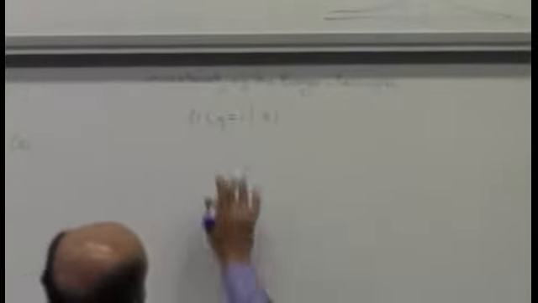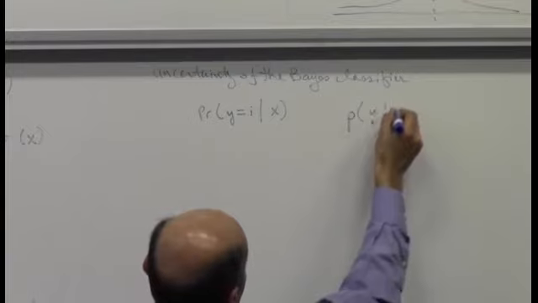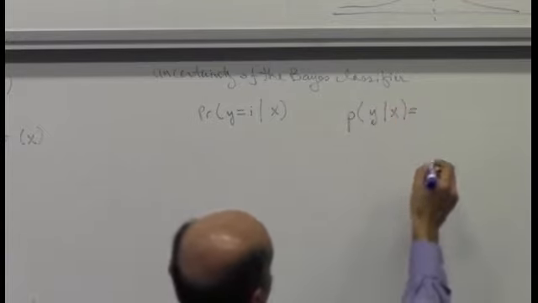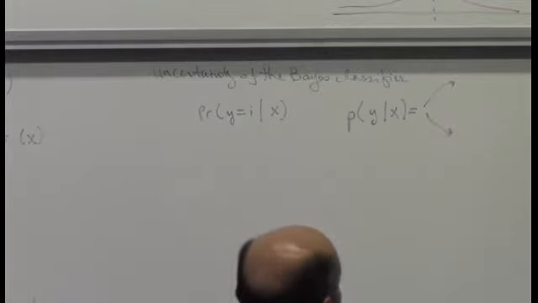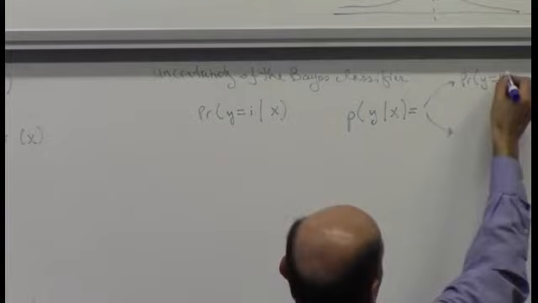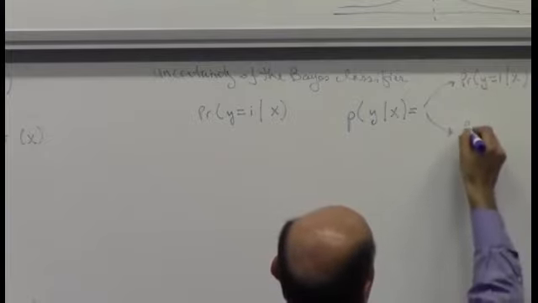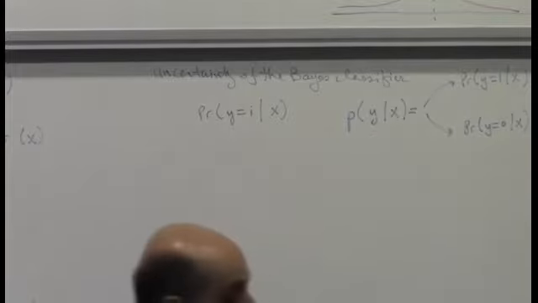I just showed you how to compute that. I get a distribution p of y given x, and this distribution has two numbers: a probability at y equal to 1 given x, and a probability at y equal to 0 given x. That's what a distribution is.